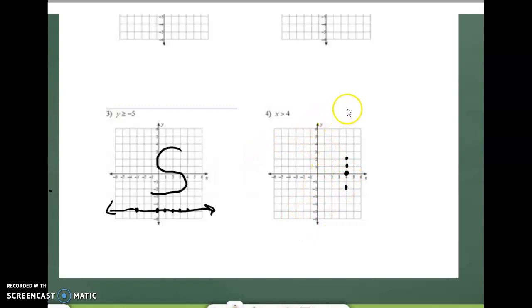Now when I connect these, this is going to be a dashed line, right? Because of the sign. And X has to be what? Bigger than 4. All right, well, bigger would be on this side, right? Smaller would be on the other side. Okay. All right, so that is our lesson on graphing inequalities.